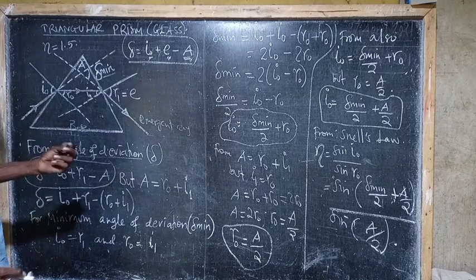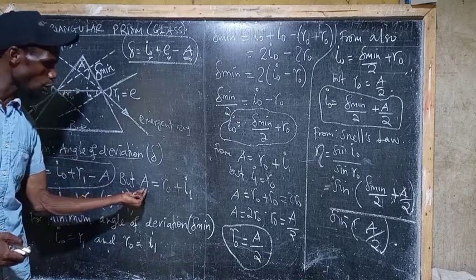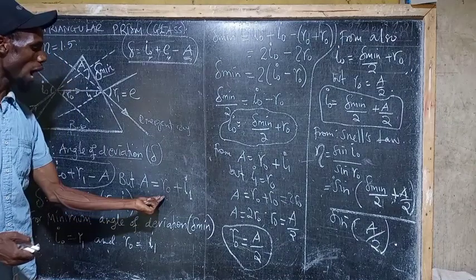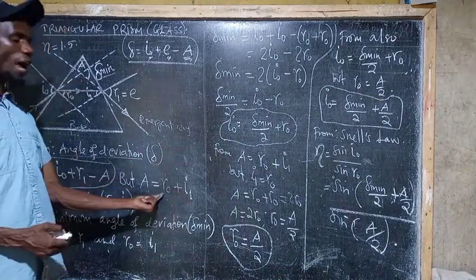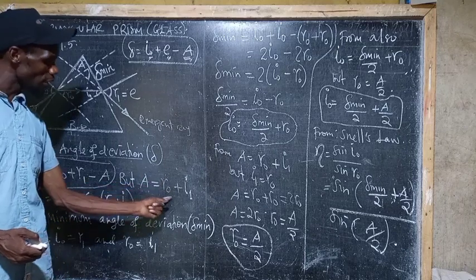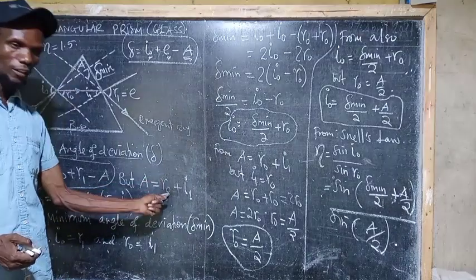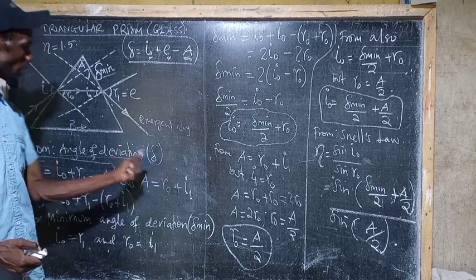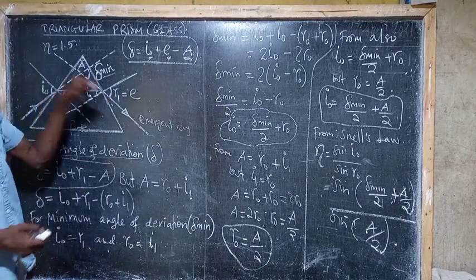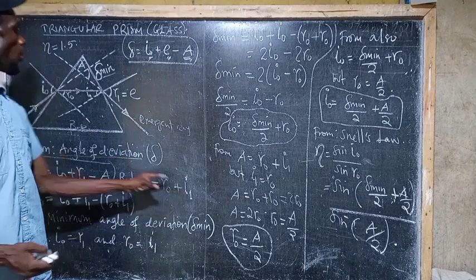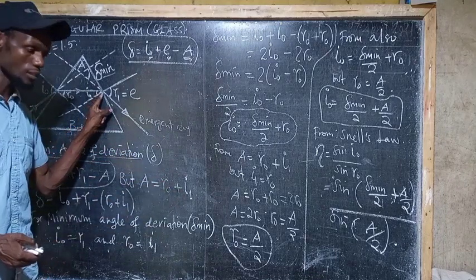Remember, mathematically we said angle of prism should be equal to R0 plus I1, means it is equal to the angle of refraction of the first refracting surface plus instant angle of the second refracting surface.